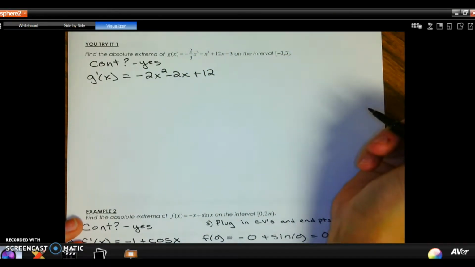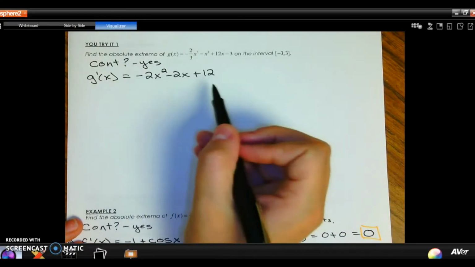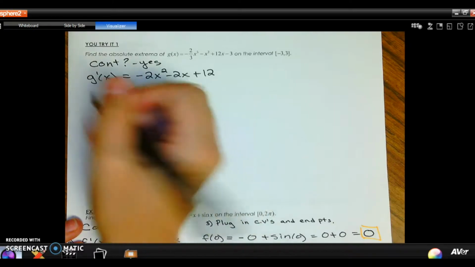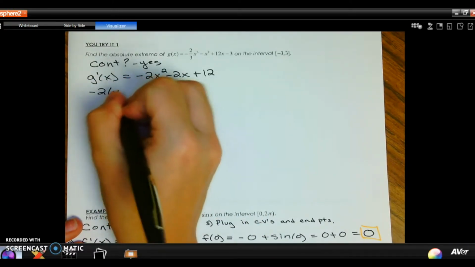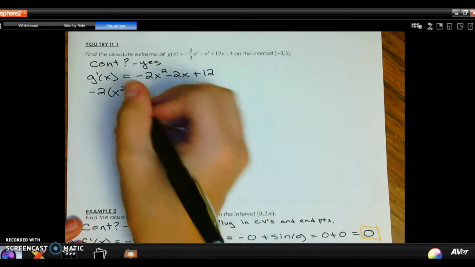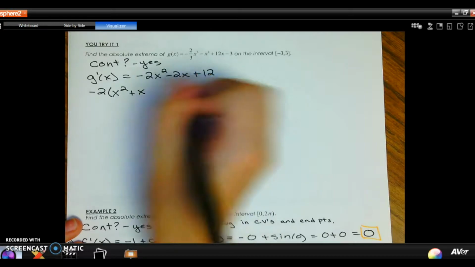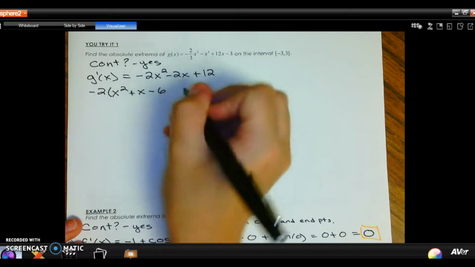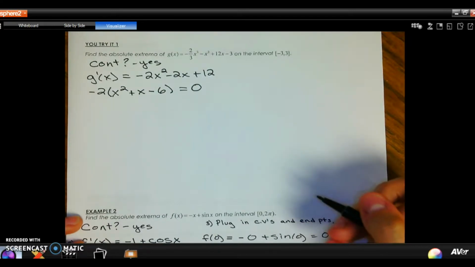Then we're going to have to set that derivative equal to 0. I know I'm going to have to factor, so I'm going to pull out a -2 at the same time. So I'm going to say -2, that'll leave me with an x squared, a positive x, and a -6. And I'm setting that equal to 0 because I know that a critical value occurs when the derivative equals 0.